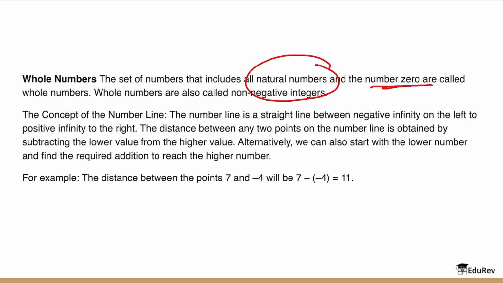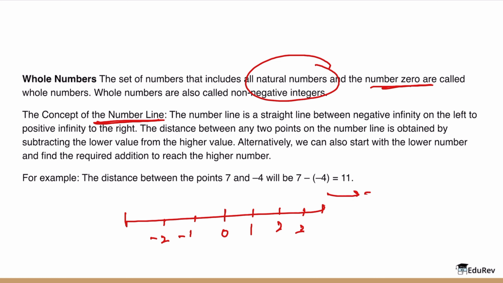Now the concept of the number line. I have told you what the number line is, on which you can represent your numbers. This is your positive infinity approaching your negative infinity. The number line is a straight line from negative infinity on the left to positive infinity on the right.